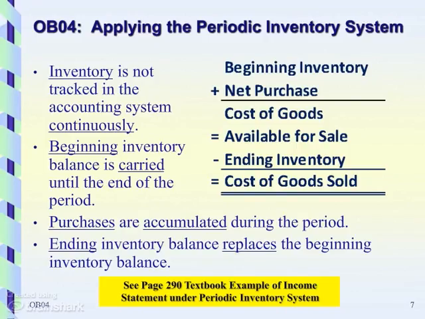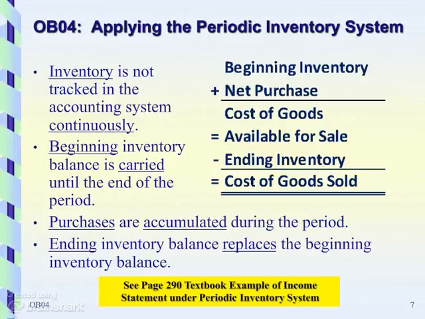In this section, we will focus on explaining the income statement presentation using a periodic inventory system. When using the periodic inventory system, the cost of goods sold must be computed, but it is not updated for purchases, sales, and other transactions during the actual accounting period.